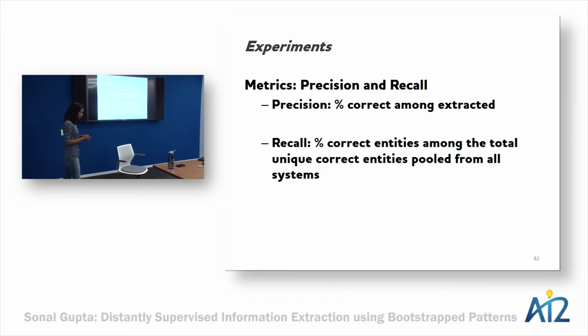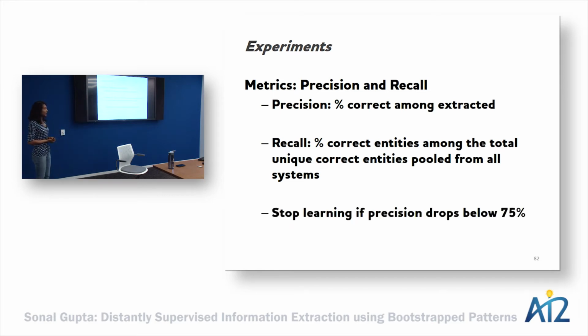So what we do is what other people have done in similar scenarios. You run all the systems, get all the extractions, and pool them together. You label each of the extractions as good or bad, and then measure recall on this pooled output of the systems. And you stop learning for each system if the precision drops below 75%, because otherwise you're extracting too many noisy entities, which are not that useful.